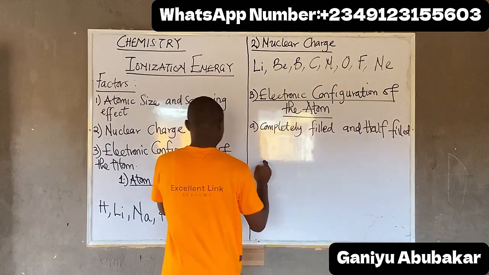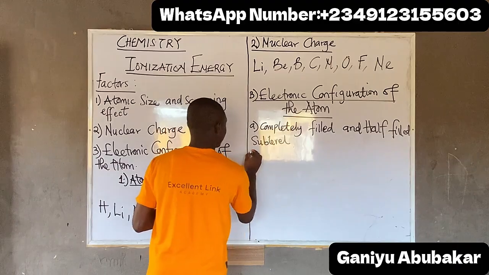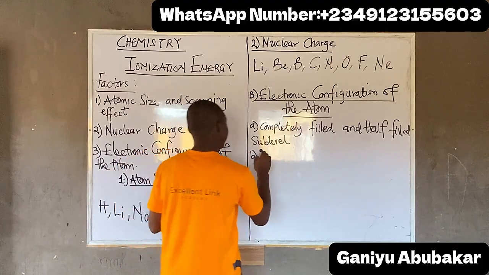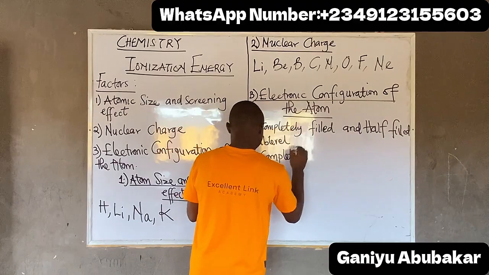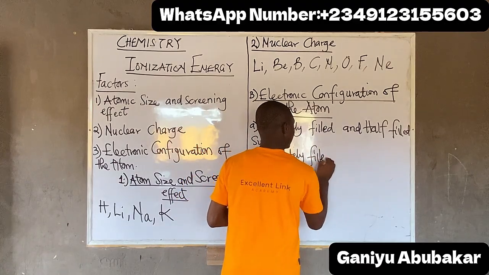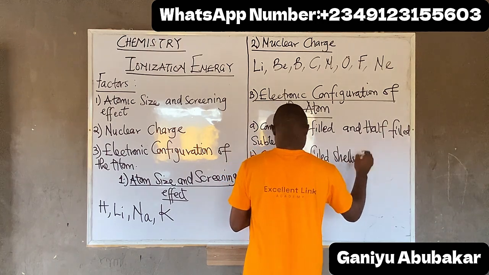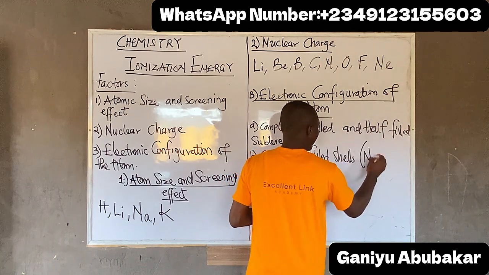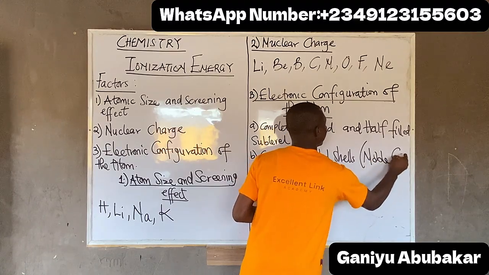and half-filled sublevel. For the B part, we have completely filled shell. In this case, they are noble gases. Noble gases are referred to as complete filled shell.